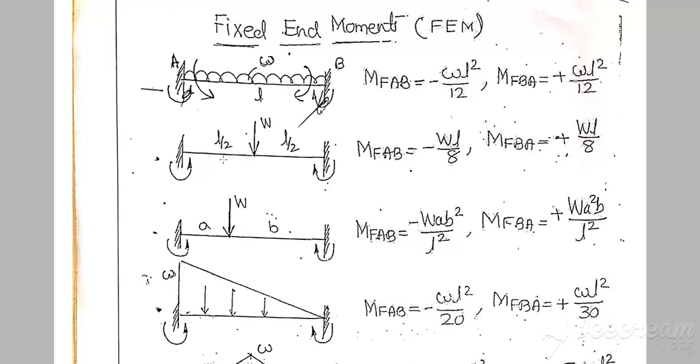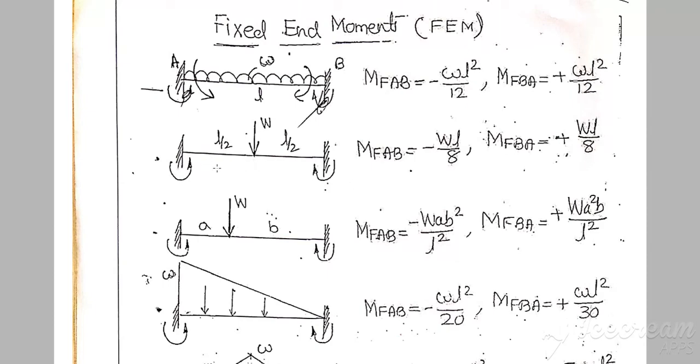Next, take another one. Here, in case a point load is applied at the exact center of the beam, what is the formula for calculating fixed end moment AB? Here minus WL by 8, and for calculating fixed end moment BA plus WL by 8.